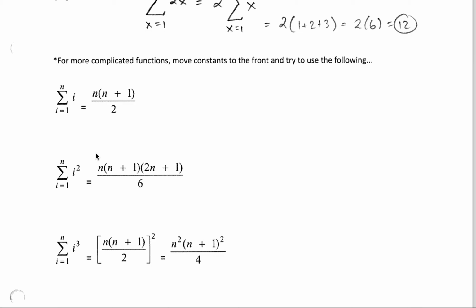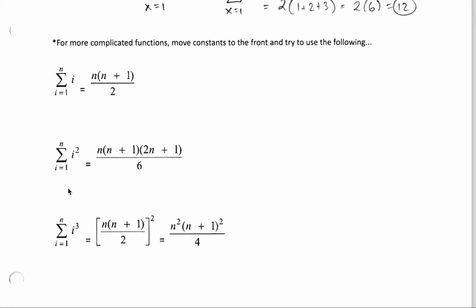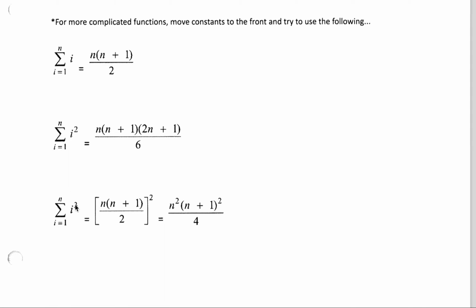If instead we have square functions, rather than plugging values in and squaring them, we could instead use this little cheat formula right here. Plugging in that top number, again, only if we're starting from 1. And then there's also a cube function shortcut. You can write it in this form or square that and write it in that form instead.